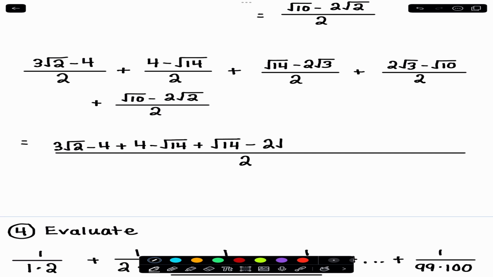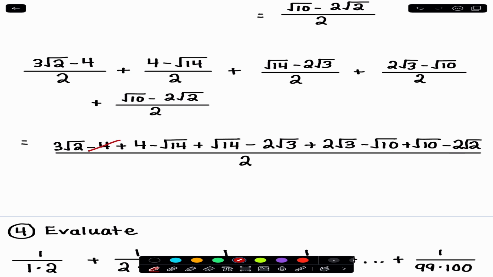It looks scary right now, but if you remember from question 1, what we have is a bunch of terms that can go away with each other.